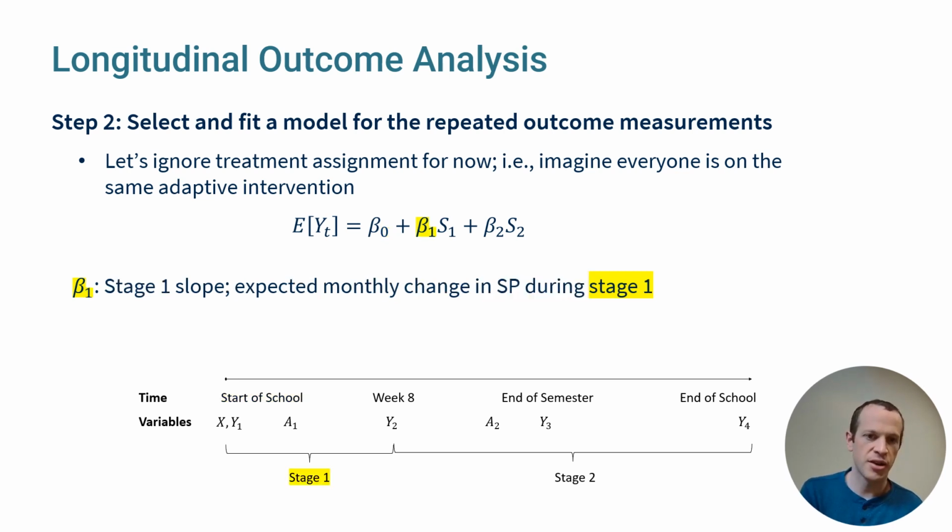Then we're going to have another term, beta 1, which is a stage 1 slope. This is the expected monthly change in school performance during stage 1. And then lastly, we've got beta 2, which is the stage 2 slope. This is the expected monthly change in school performance during stage 2.